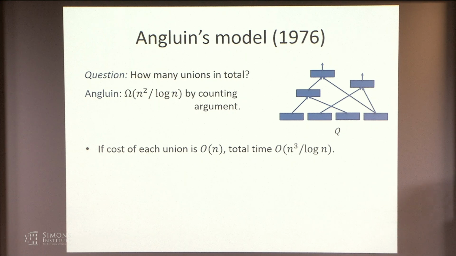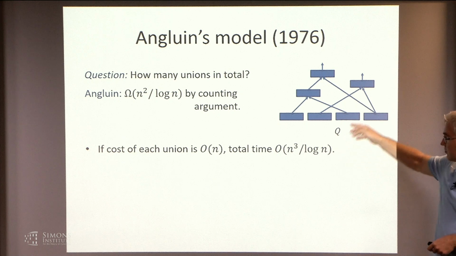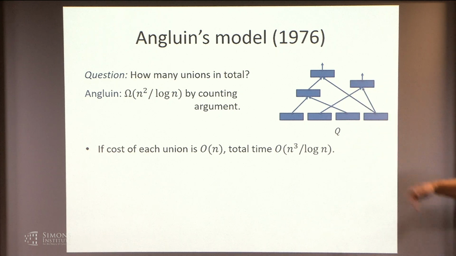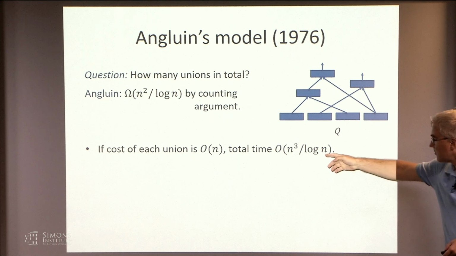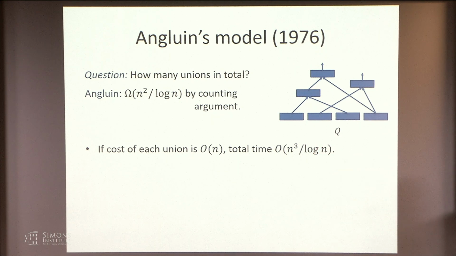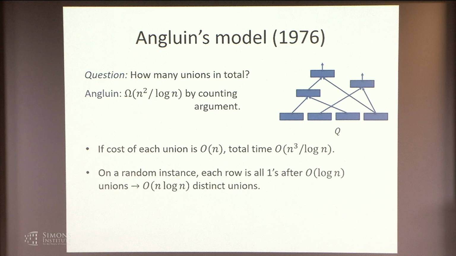If you just apply the trivial algorithm, it's going to cost time n cubed over log n to evaluate such a witness. So if I give you the witness and you want to verify that I am not cheating you, you are going to spend n cubed over log n time evaluating. At least that's what it seems, but actually it's not quite true.